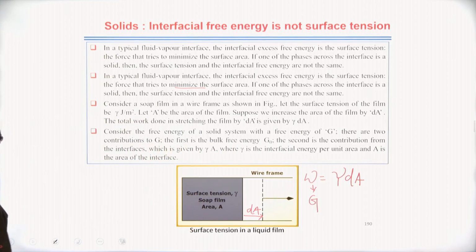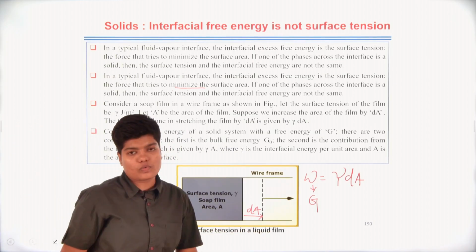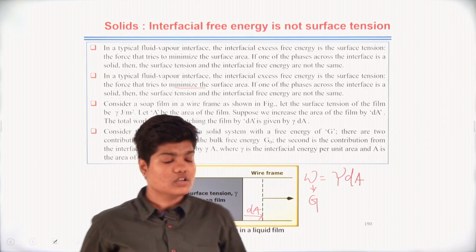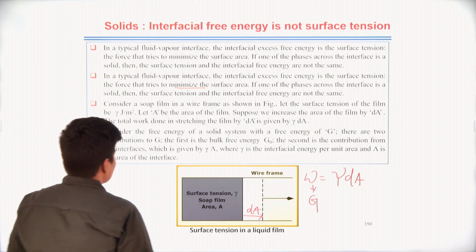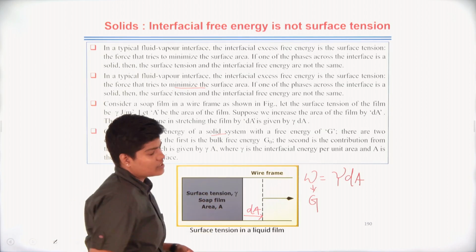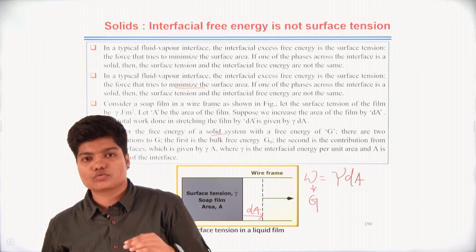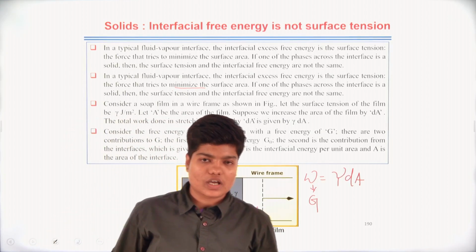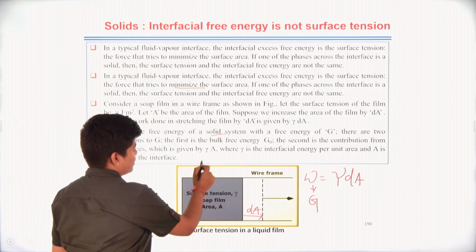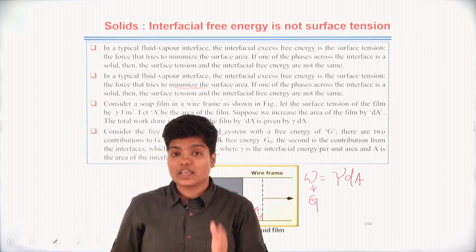Here gamma is the surface tension and dA is the stretched area. But in the case of a solid system, the free energy arises due to two reasons. One is the Gibbs free energy due to the bulk system, and another is the Gibbs free energy due to the interfaces, given as gamma A, where gamma is the interfacial energy and A is the area.